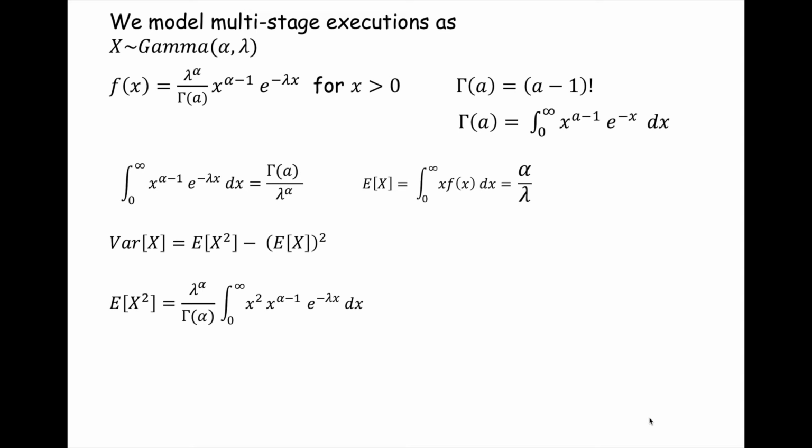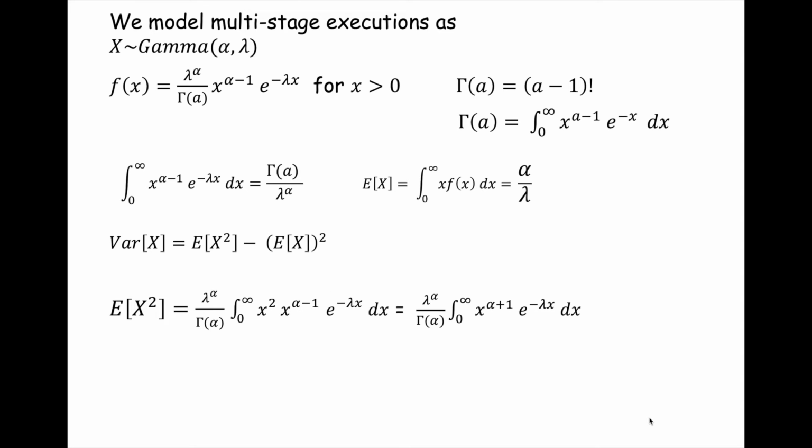So now I combine my x's because I have x squared and an x to the alpha minus 1 power. So those exponents add. So 2 plus alpha minus 1 is alpha plus 1. Okay, and so I get the following expression. Now my exponent on the x is alpha plus 1. Okay, any questions about this?